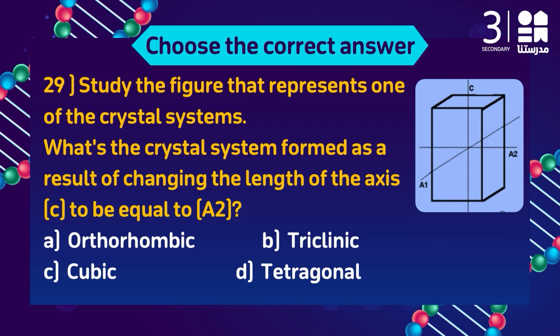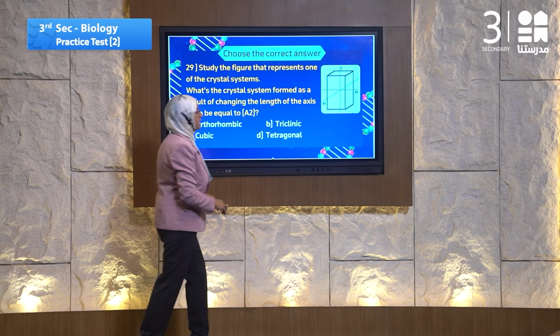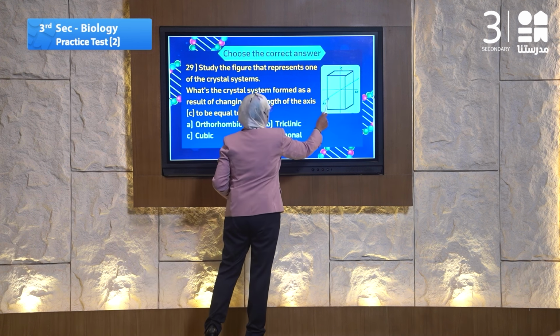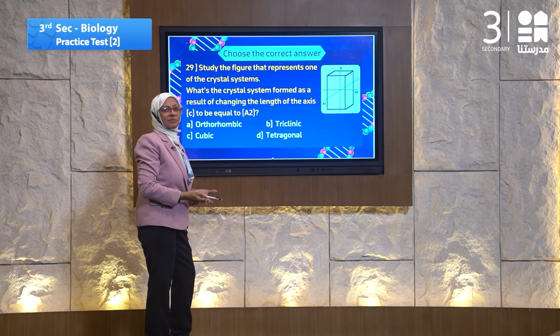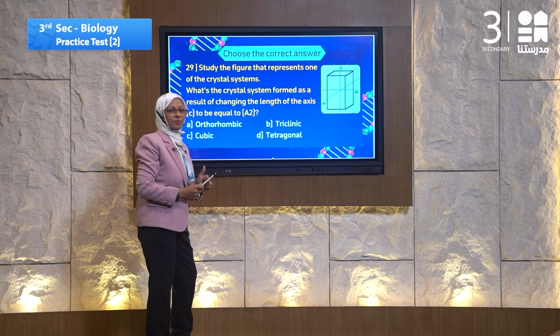There are many axes, A1, A2, and C. What crystal system is formed as a result of changing the length of axis C to be equal to A? It will become a cube. Yes, cube.